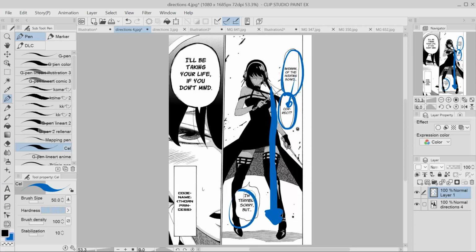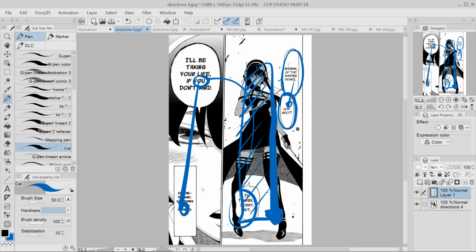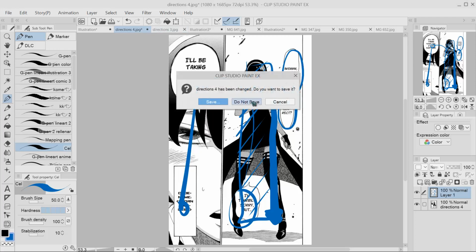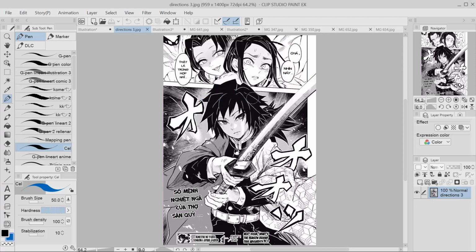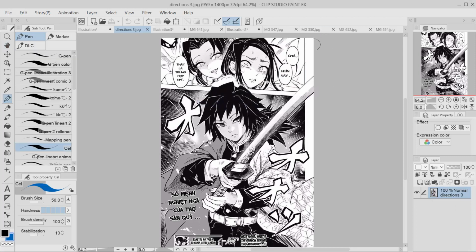You will read this first, and then you will go over here. So you are basically using the body of the character to manipulate the direction in which the eye is going to look.